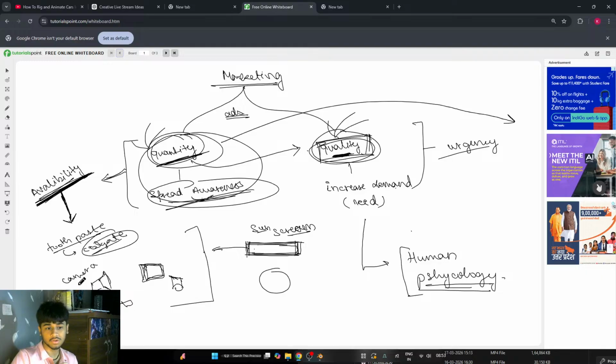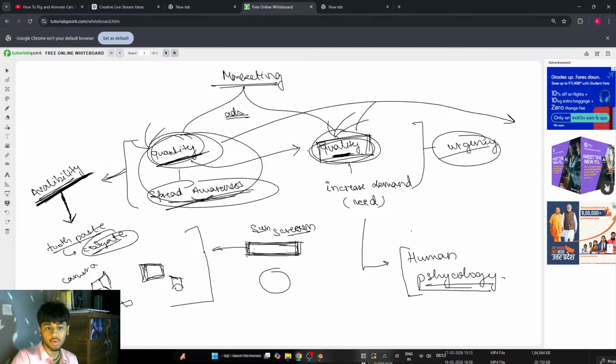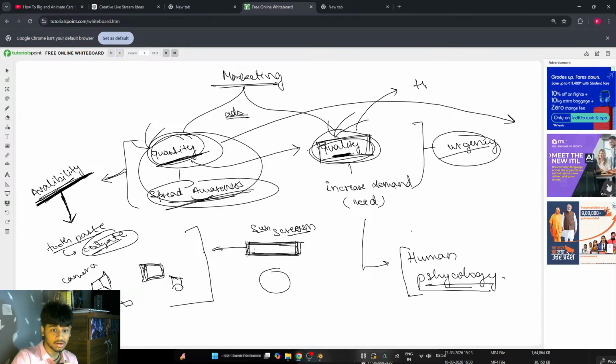But we don't want only quantity. We also need to focus on quality, which Indigo focuses on by showing the advertisement on televisions and YouTube ads to increase the urgency, and quality also means increasing trust. Trust is what we want. If someone is only showing ads over here, this just spreads awareness. Okay, we know about it, no problem.